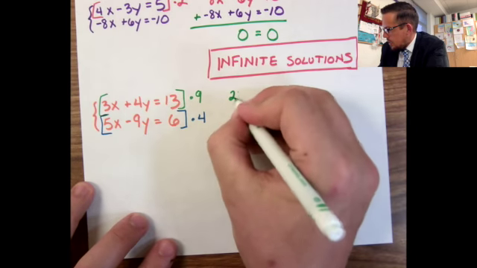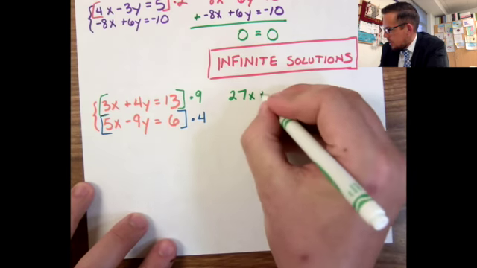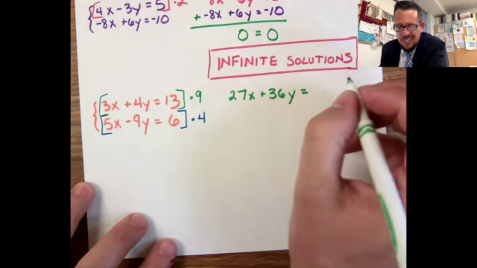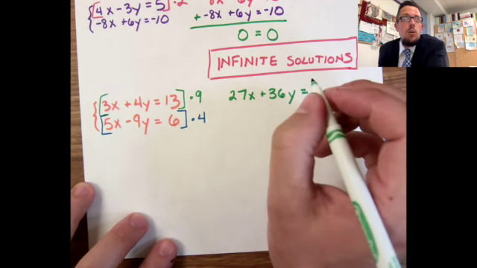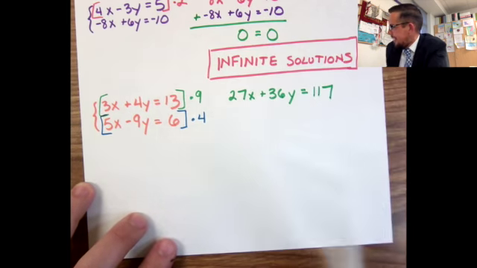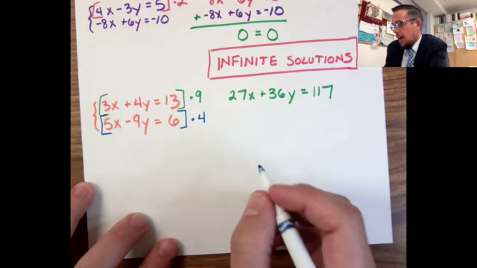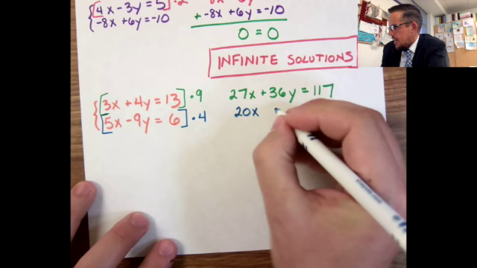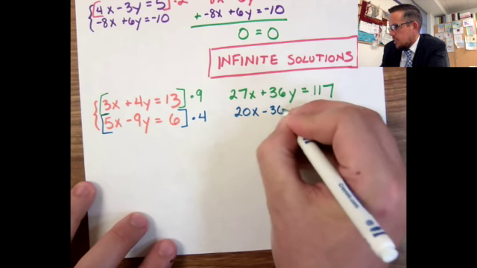So the top is going to be 27x plus 36y equals 9 times 13 is 117. And then on the bottom, 4 times 5 is 20. Negative 9 times 4 is negative 36.